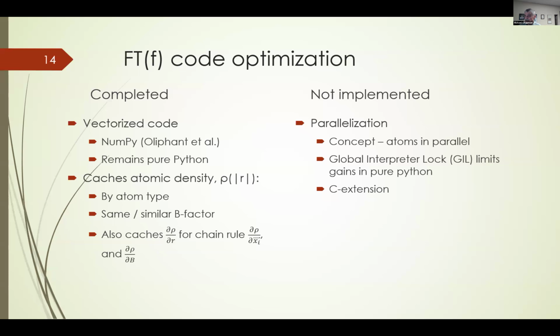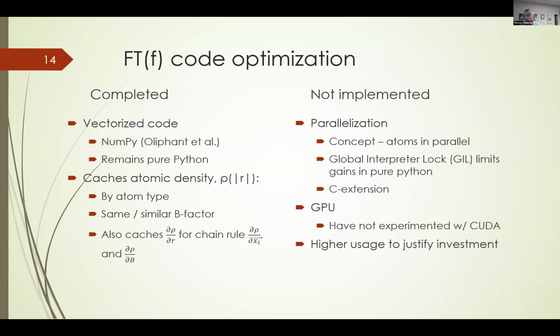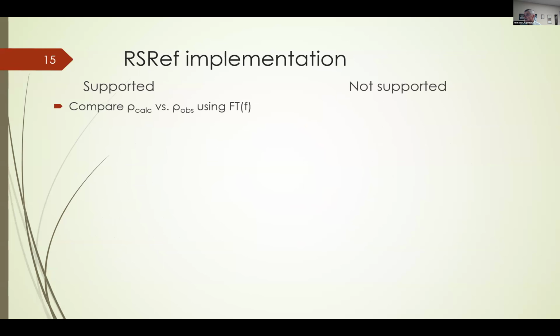We also haven't yet tried to exploit what we could do with graphics cards. We haven't experimented with CUDA. However, I think that the code is fast enough that unless it gets really very broad usage, it's not justified in spending the time for further optimization.